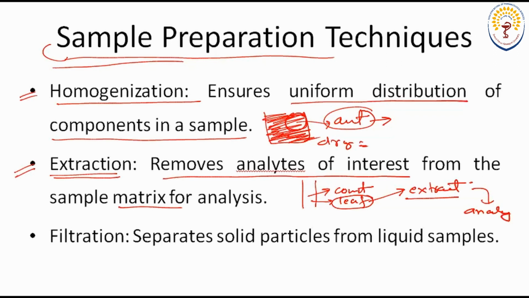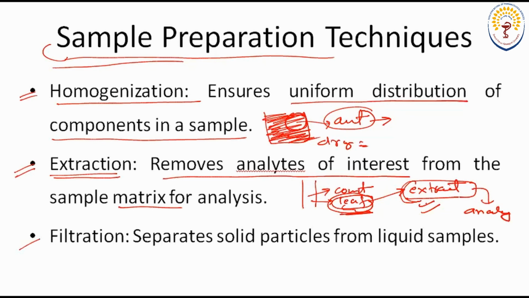When you take the extract, you leave the rest of the matrix, like the leaf, its chlorophyll and other organic parts, because these are not required for our analytical procedure. We are just interested in the chemical constituents, so the best way is to get the extract.